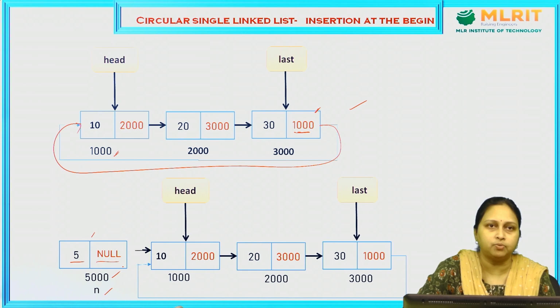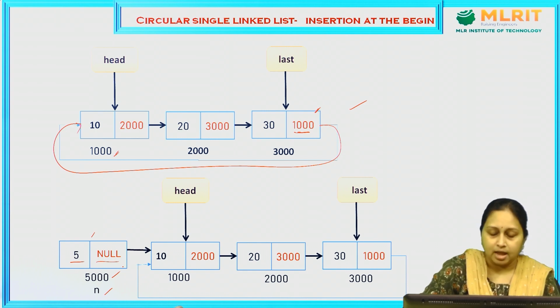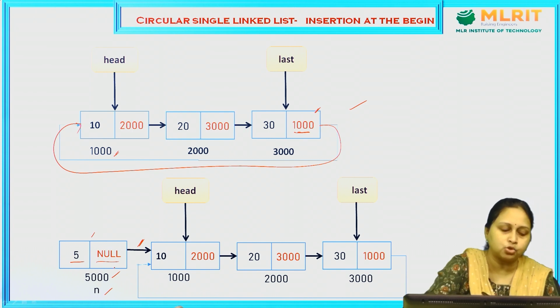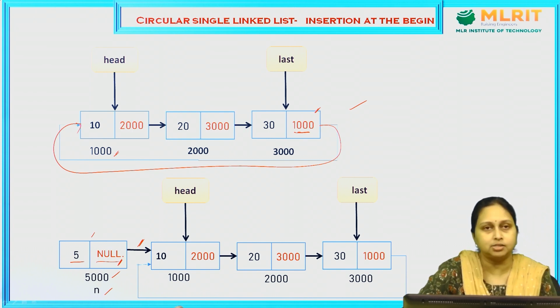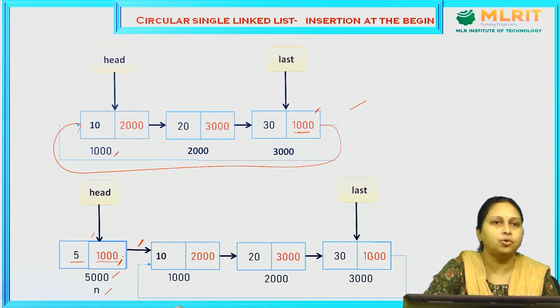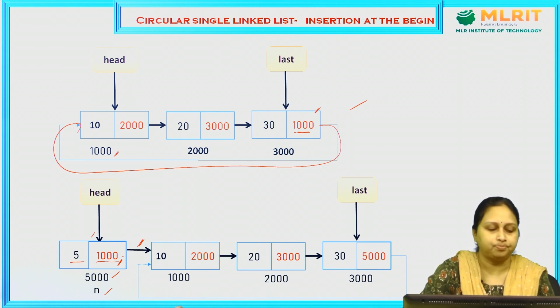Now make the link between these two. When you represent this link, it will store the address 1000 into this location, that is into null. Now we remove this head and assign the head to the node which we have inserted newly.